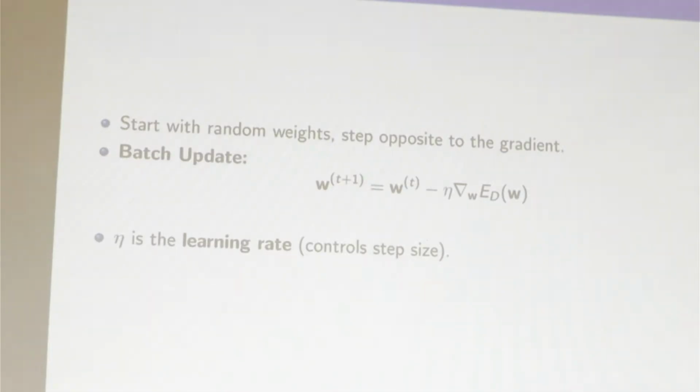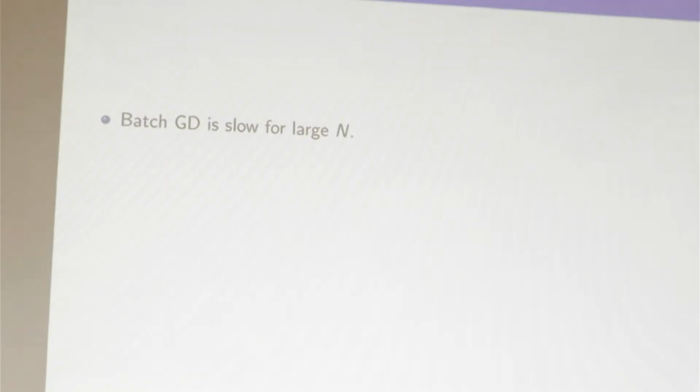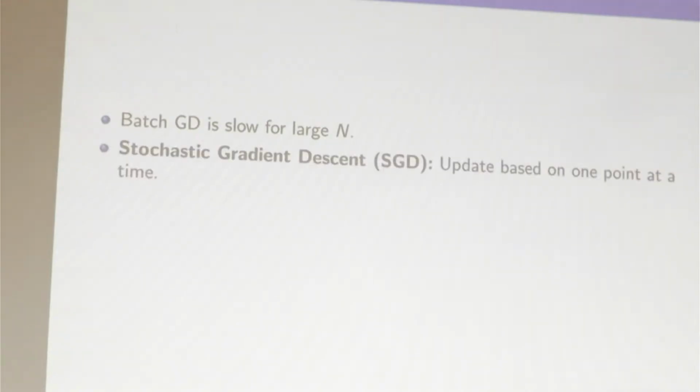For example, let's assume you have a million samples and your batch size is 20. How many updates will you need to do? It's a million divided by 20. Very many updates, and it's going to take a long time. So instead of batch gradient descent, what we do is something known as stochastic gradient descent, which is much faster.